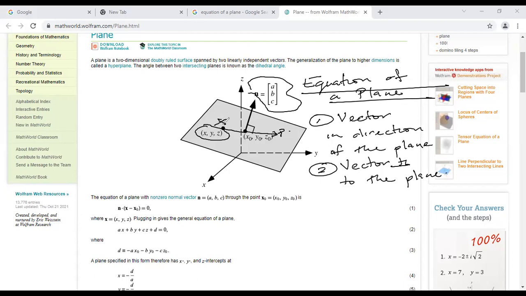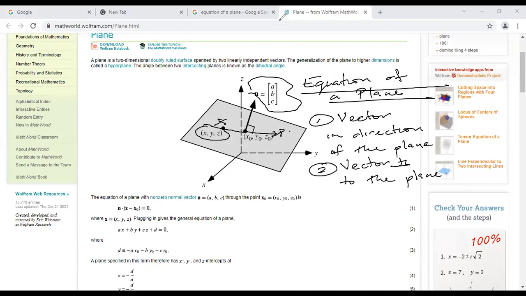So we need two vectors. We need one perpendicular to the plane, which we are going to call n, and then we need the next vector. So let me draw the rough diagram.